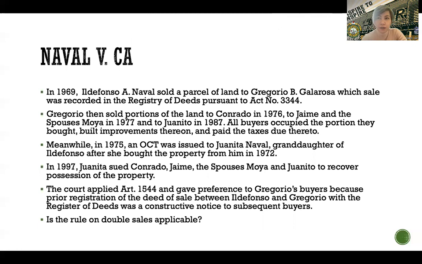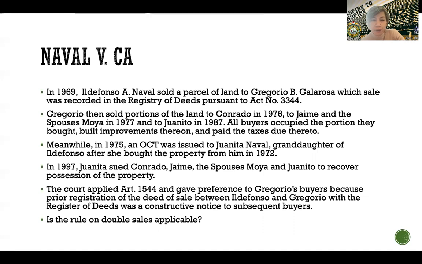So in the first case, guys, Naval versus Court of Appeals, in 1969, Ildefonso Naval sold a parcel of land to Gregoria Galarosa, and this sale was recorded under Act 3344.